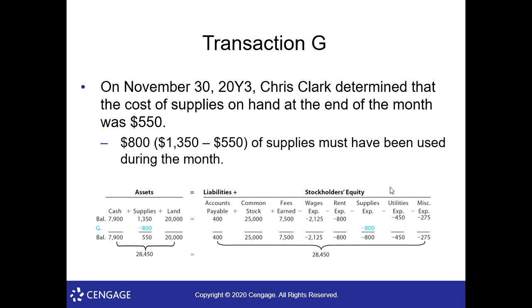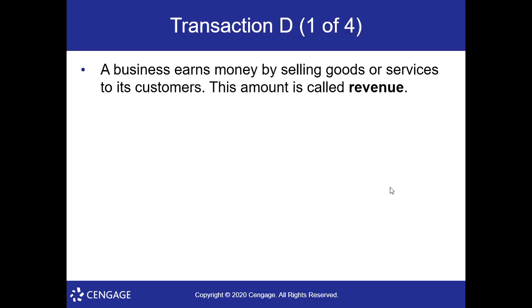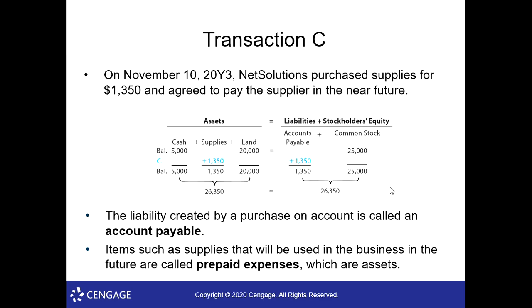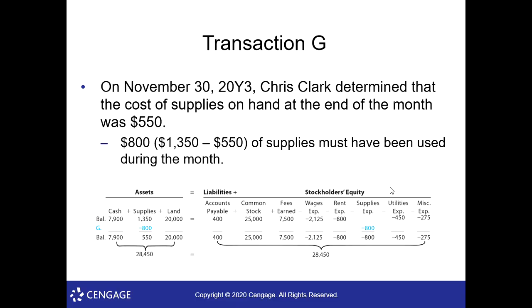If you remember back to transaction C, we purchased supplies of $1,350. So now Chris Clark, our employee or manager, is going and he's counting the supplies and he's saying, okay, we have $550 worth of supplies left, so that means we must have used $800 worth. The $1,350 we started with minus what's left equals what we used.